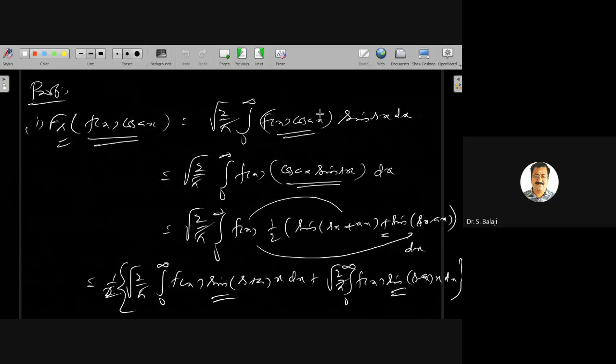Sine transform means sin sx, and instead of f of x we write f of x cos ax, so it equals root of 2 by pi, integral 0 to infinity of f of x cos ax sin sx dx.